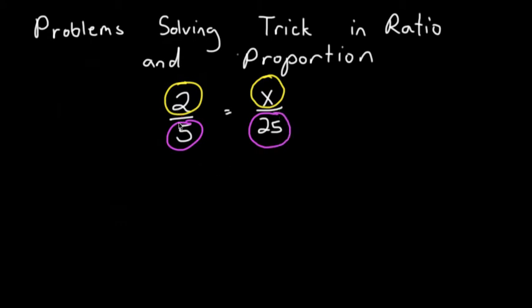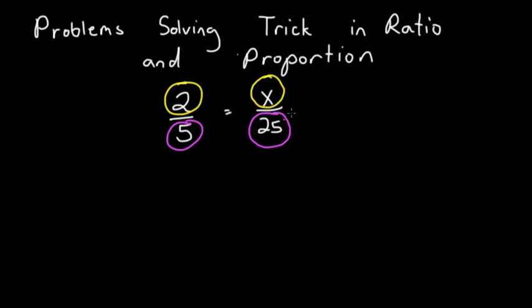So this question is actually asking you, what would be the value of x wherein this ratio will be equivalent of this ratio? So that's what it means. So how do we solve that?